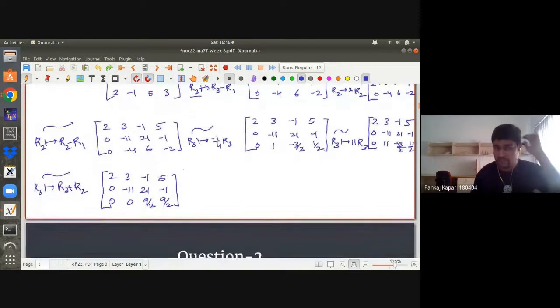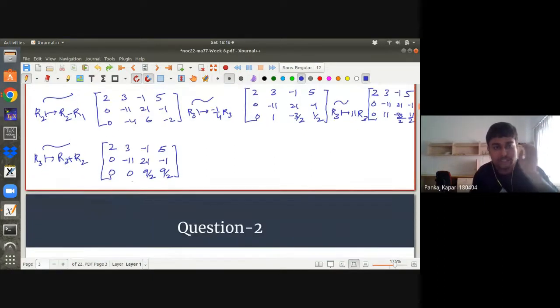Now let's find that unique solution. Notice why this particular form is useful: because it makes other variables 0 and only one remaining. You can notice that in the third row you will have 9/2 x3 is equal to 9/2, and that will give you x3 is equal to 1, right?